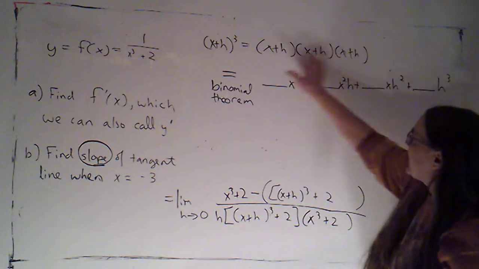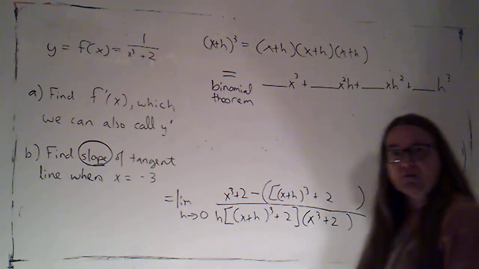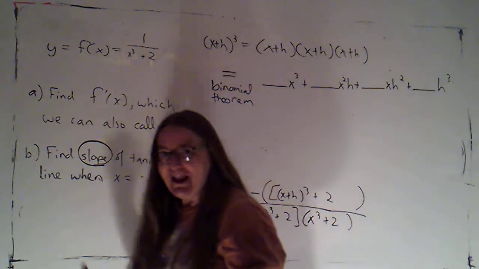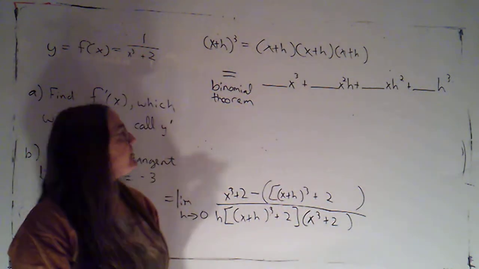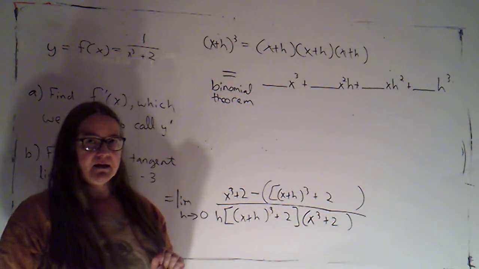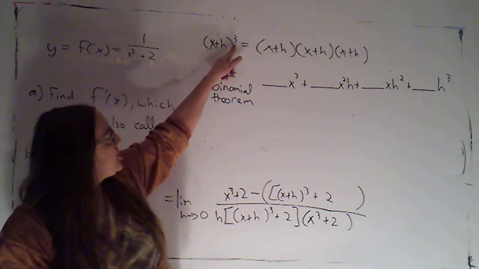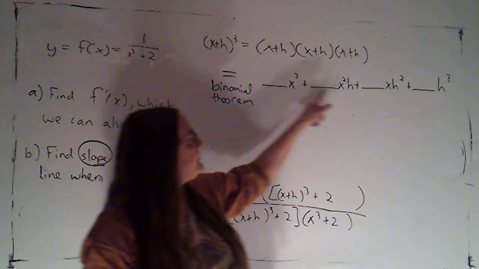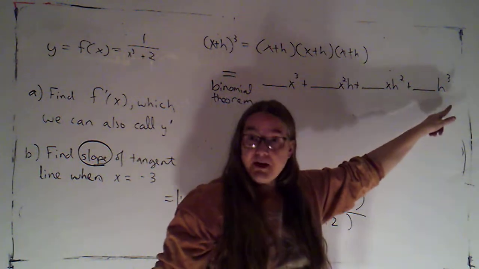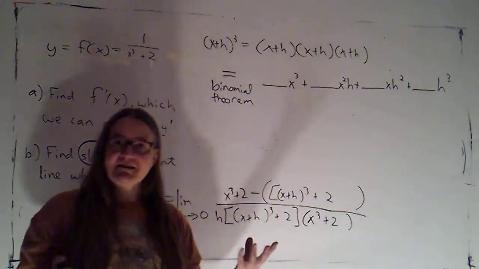Basically, as I multiply this all out, I'm going to get a bunch of terms that involve factors of x and factors of h. And the rule is the types of terms I get, since it was (x plus h) cubed, all of these terms have to have a total of 3 factors, and they're either x's or h's.